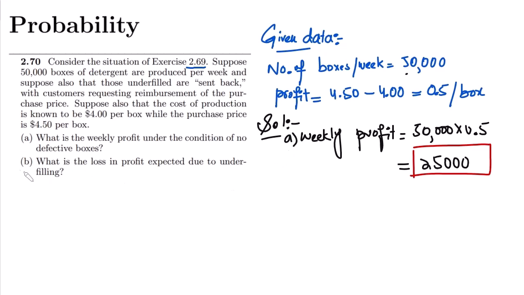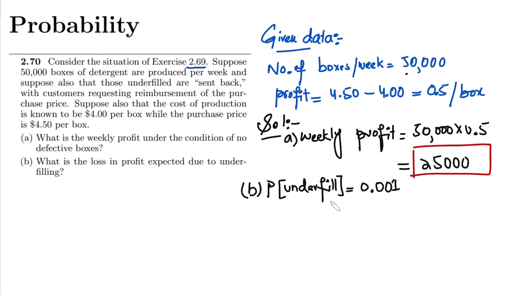Similarly, part B asks what is the loss in profit expected due to underfilling. As given in exercise problem 2.69, the probability of underfilling is how much? You can see in problem 2.69 that it was 0.001.